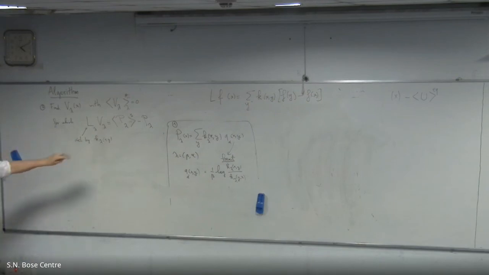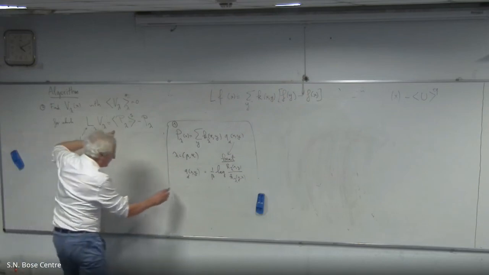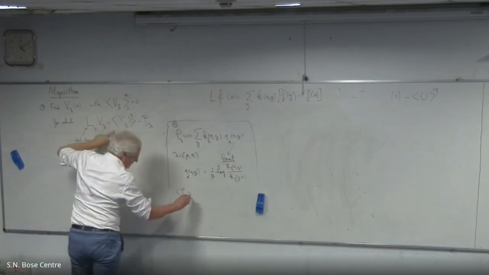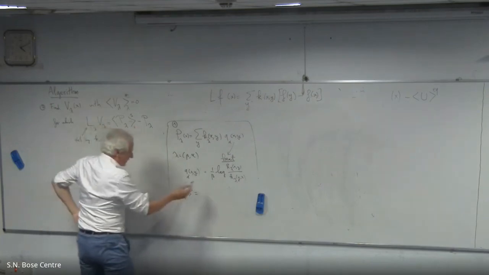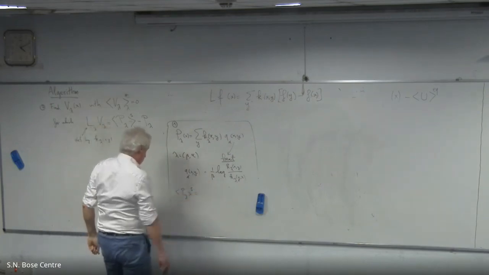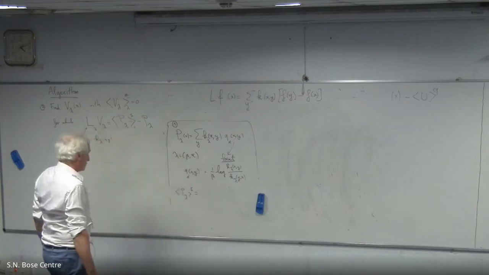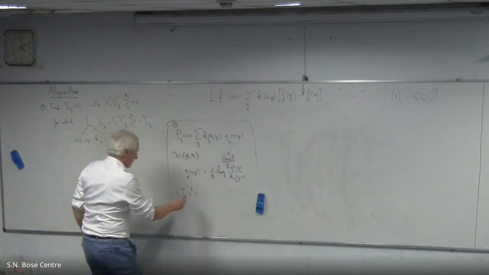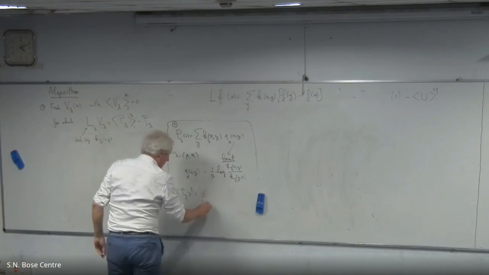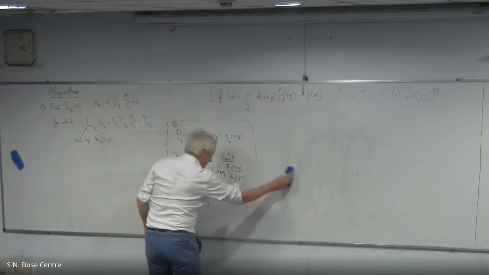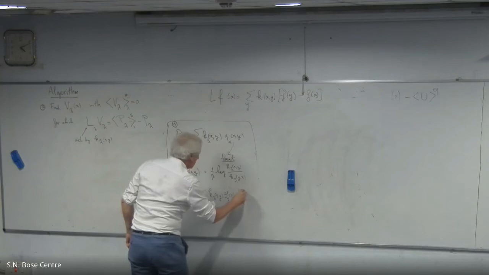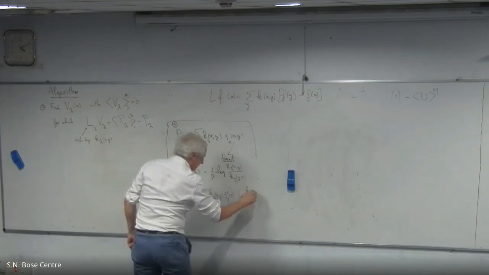By the way, just a remark, maybe you haven't noticed this, but if I take the average of P lambda in the stationary state, what is this? This is, of course, equal to the sum over x and y, k lambda xy, rho lambda stationary of x, times the logarithm of k lambda xy over k lambda yx.